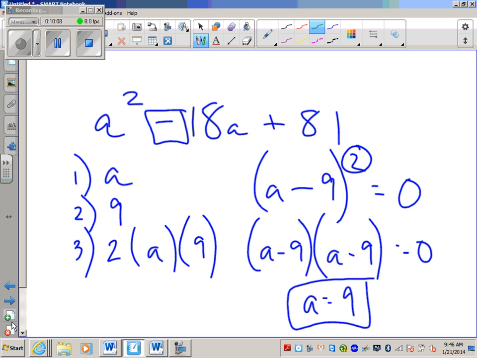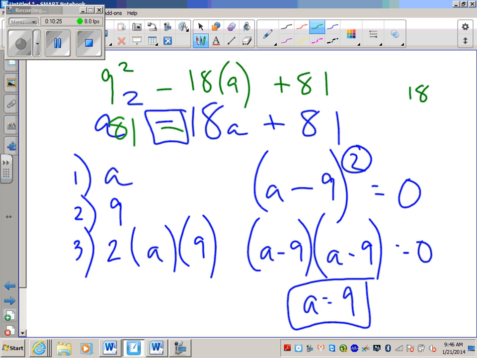Let's plug it in. 9 squared minus 18 times 9 plus 81. What is 9 squared? 81 minus what's 18 times 9? 162?